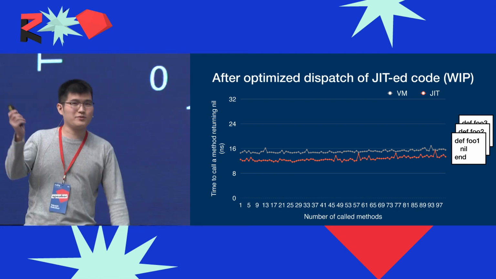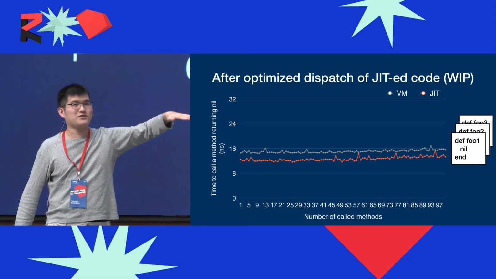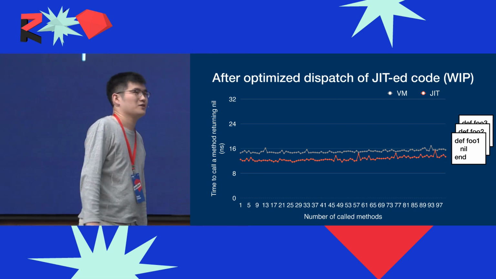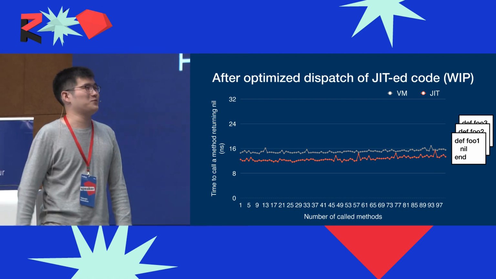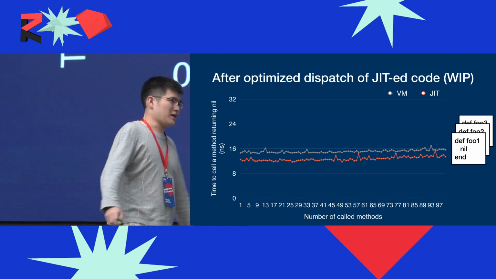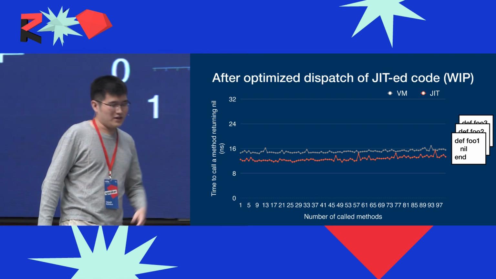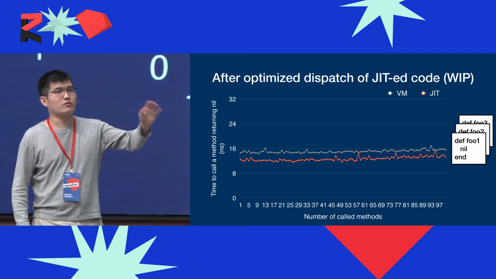By doing that optimization, the graph becomes lower, and it's always faster than the VM method calls. So I believe the method call overhead will be improved by this approach. The problem here is that by enabling JIT, we also need to profile the number of method calls.